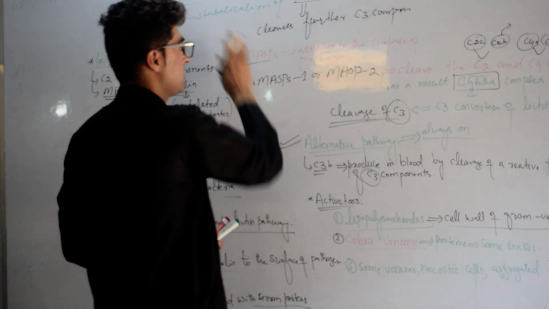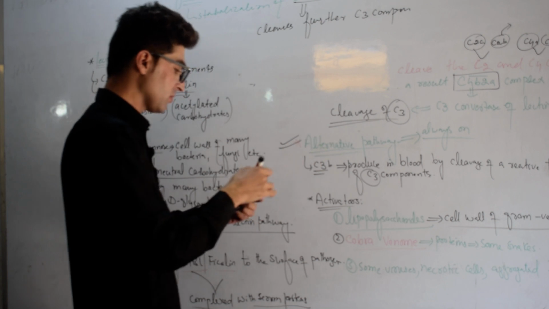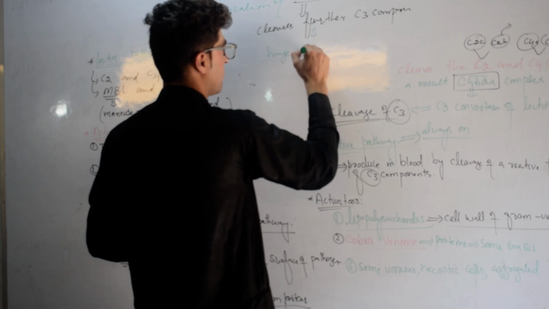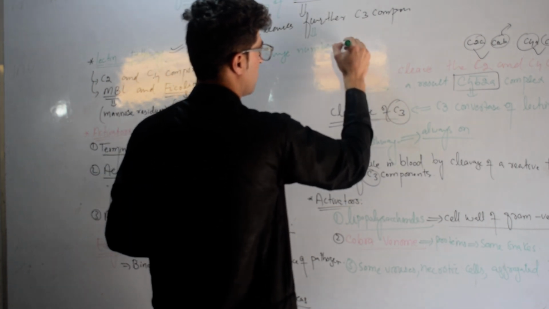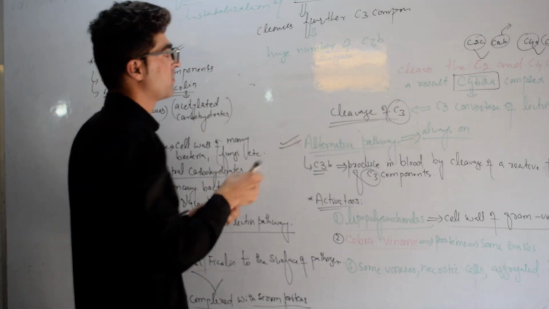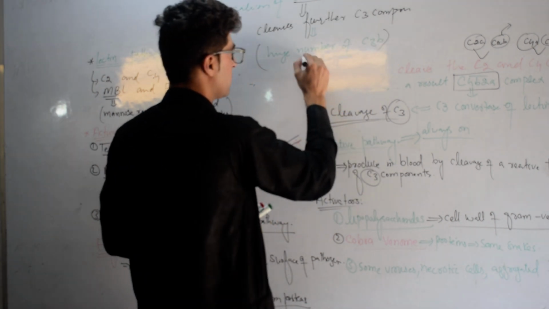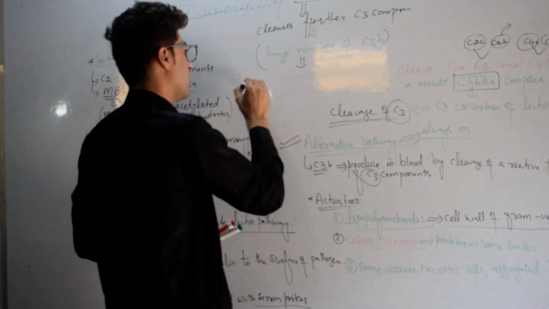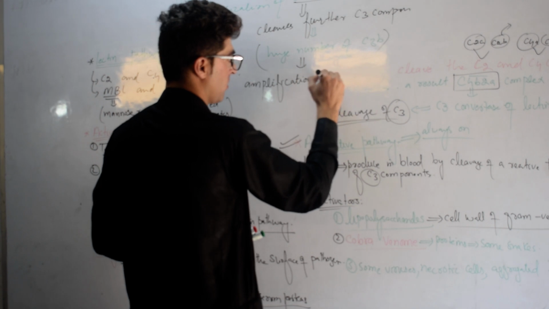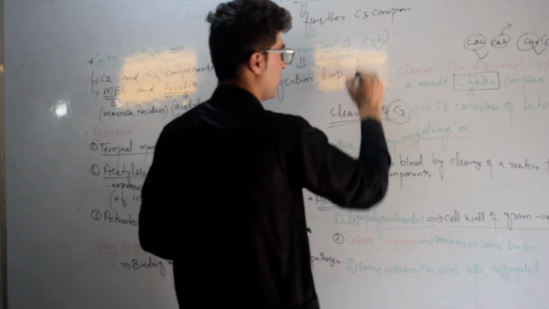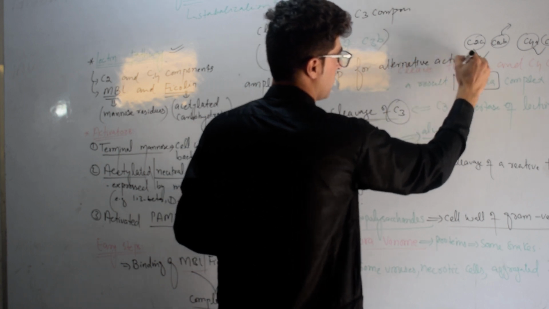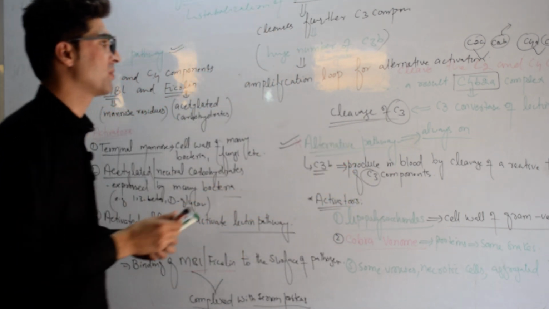As a result of this cleavage, a large number of C3b fragments are formed, and this huge wealth of C3b fragments is called the amplification loop for alternative pathway activation.